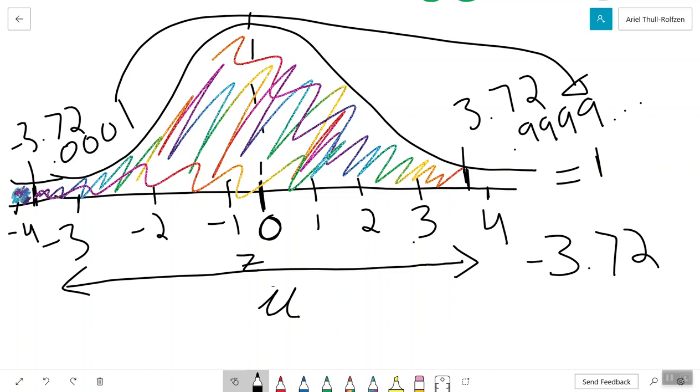I'm going to try to find a problem in here. All right, let's do example 6.5 together.